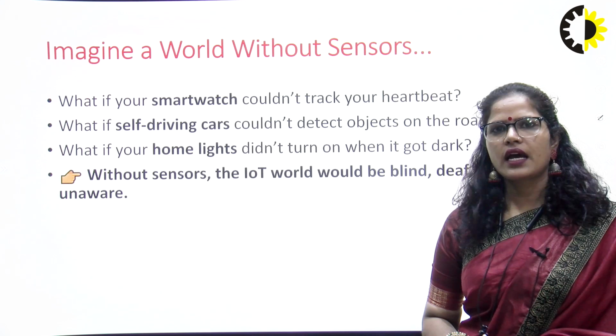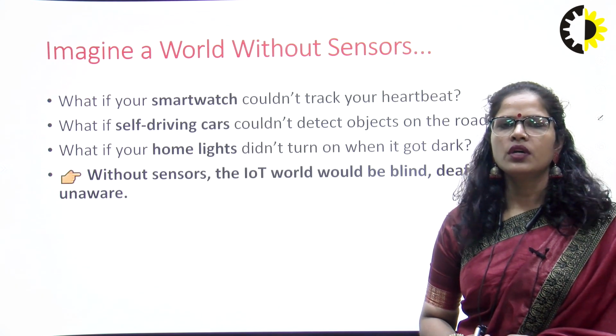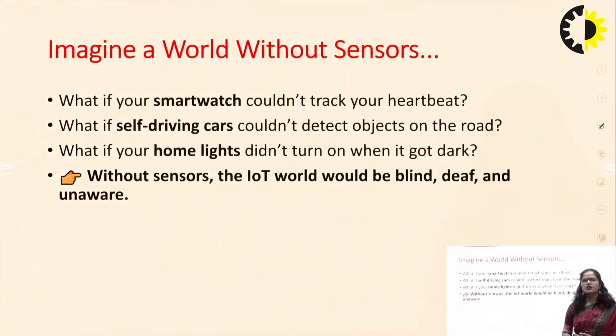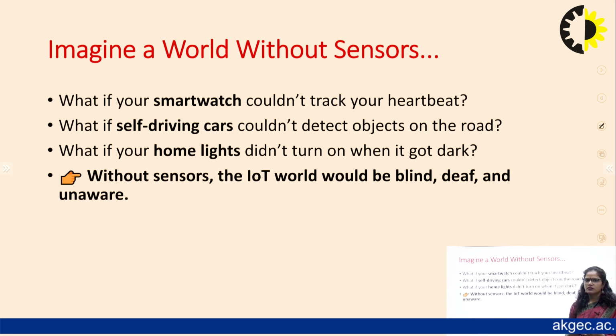Firstly, I want to ask you a question. Assume that we have no opportunity to use sensors, that we live in an IoT environment and have no option for sensors. How will life be without sensors? I will explore the concept through some examples.